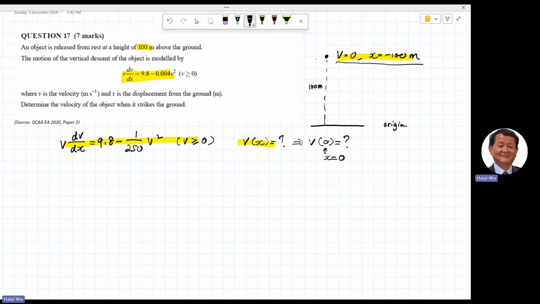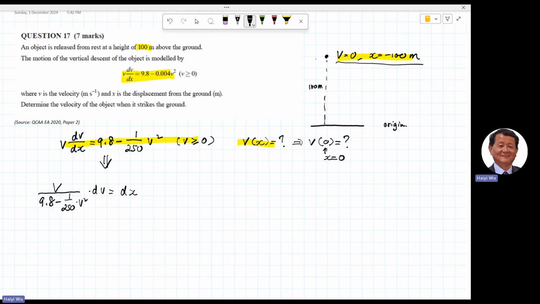Obviously we're going to solve this. Step 1: we're going to isolate velocity to the left-hand side and x to the right. So I'm going to move it to get v divided by 9.8 minus 1 over 250 v squared, dv, equal to dx.